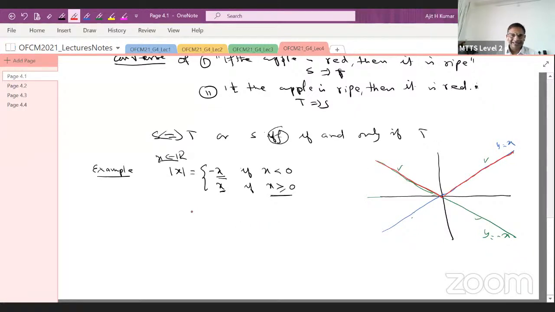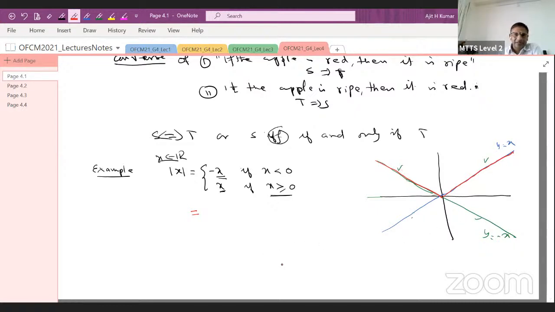So now, can somebody guess what I should write as another way of defining this? I have said that on the left hand side, y equal to minus x is above y equal to x, and on the right hand side, y equal to x is above.